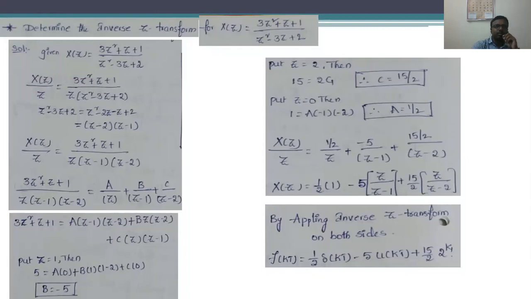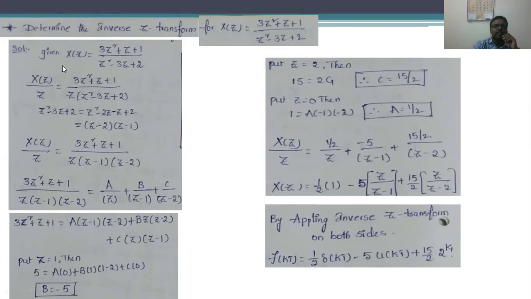So in order to perform the partial fraction method, the division is going to be carried out with X of z divided by z. So in order to perform that particular operation, we just divide the equation, that means X of z, with z.